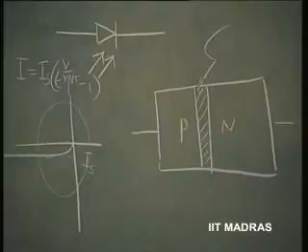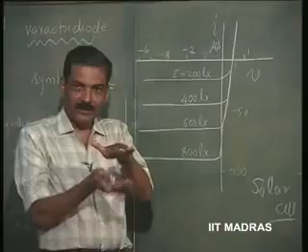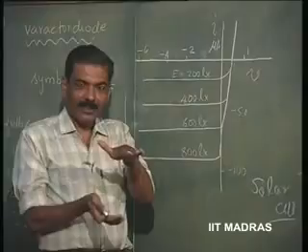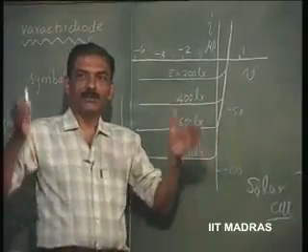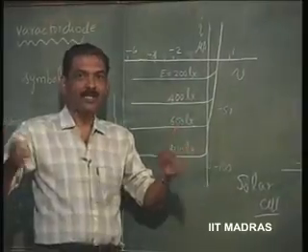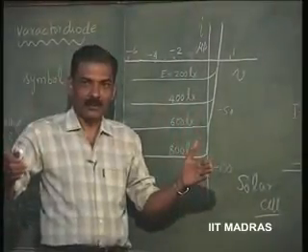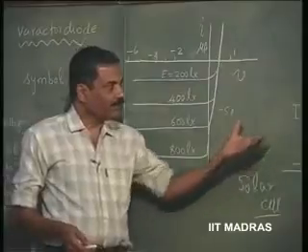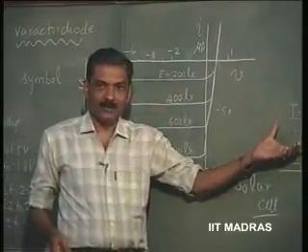So, these solar cells can be stacked in series, as well as in parallel to constitute a power pack, which can deliver power to your satellite or anything you want, whenever there is light energy falling on it.